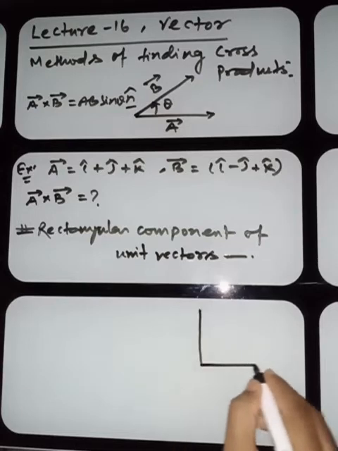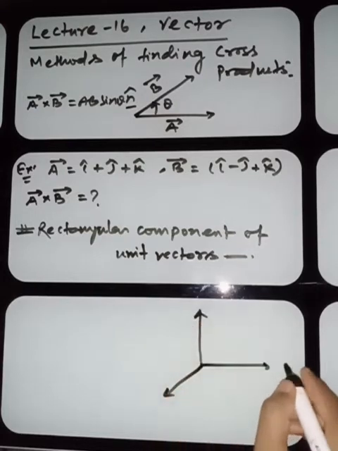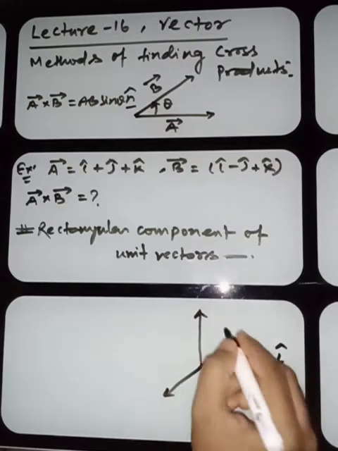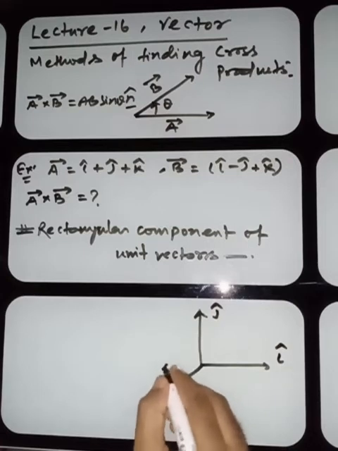Suppose this is the x-axis, the direction i cap, y is j cap, and z is k cap.